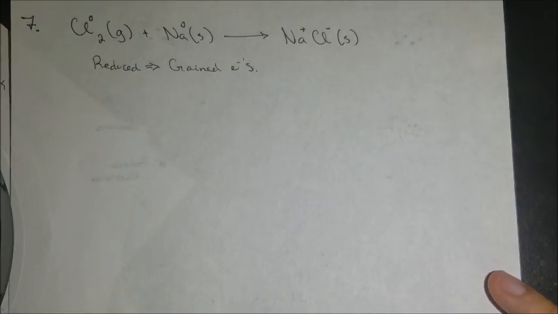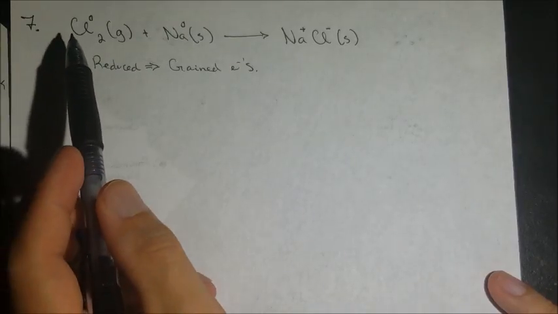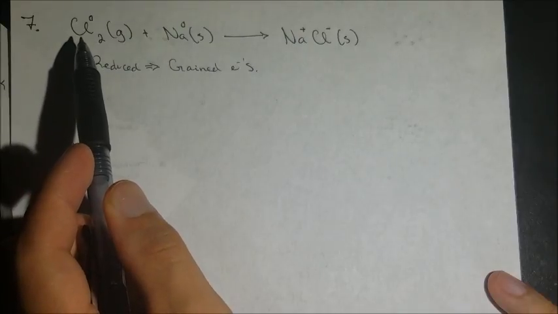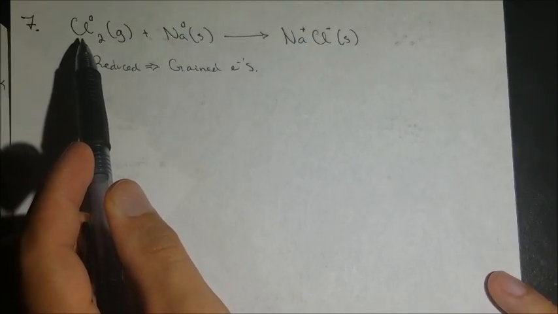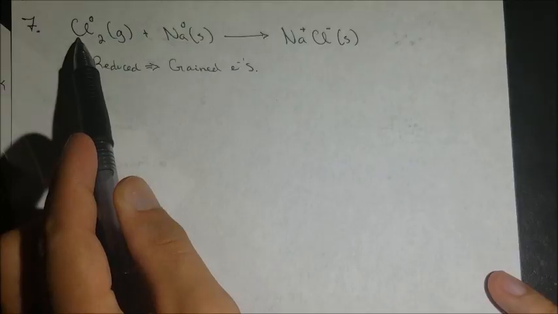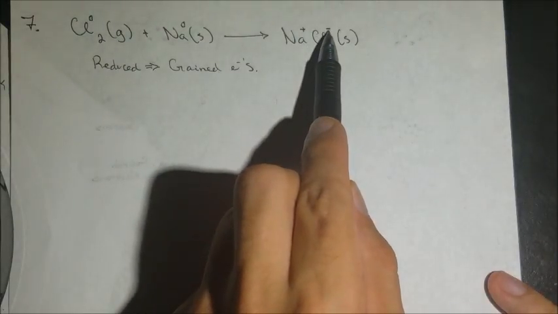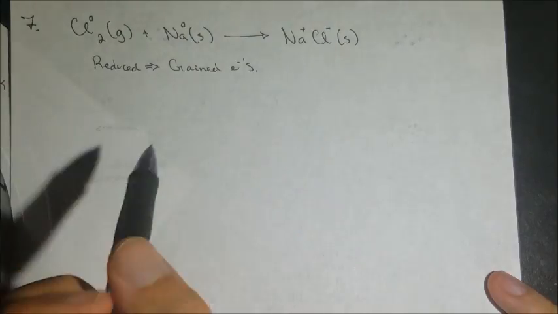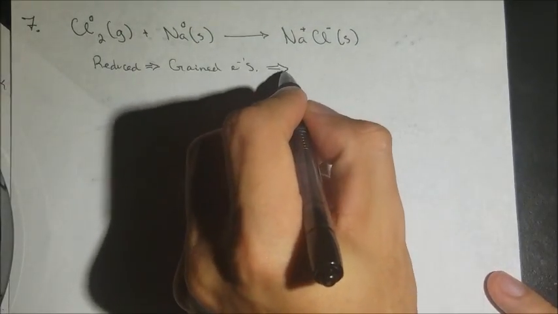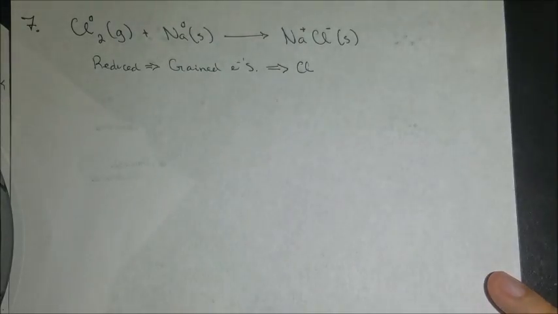That's kind of how I think of it. It drops the charge, and so the element is being reduced. It's gaining electrons. So which one is it? It's the one that obtains a more negative oxidation number, and that would be the chlorine. So chlorine goes from 0 to -1, so it gained an electron.